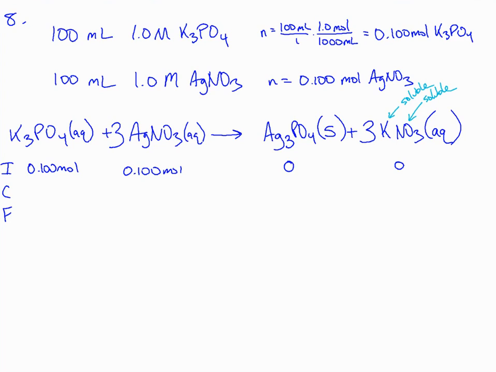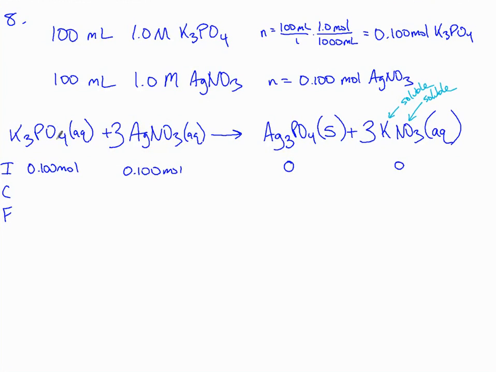The change. Now, the change depends on which one of these two compounds is the limiting reactant. And there are several different ways you could calculate the limiting reactant, but here's how I'm going to look at it, just for simplicity this time around. We have equal amounts of the reactants.